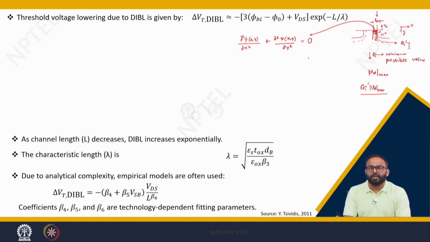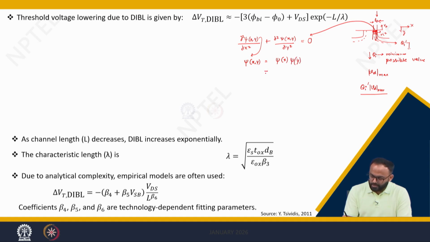The same analysis we have done when we were discussing CLM. Here the surface potential, or the potential psi(x,y), can be split into two parts. One is solely a function of x and one is solely a function of y.